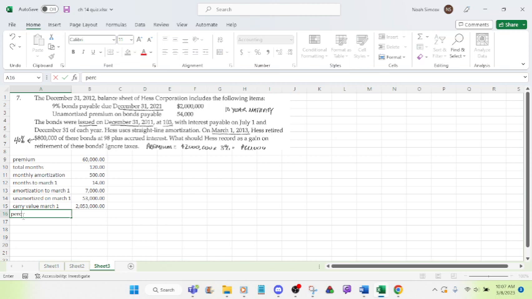So percent sold is equal to 800,000 divided by 200,000.